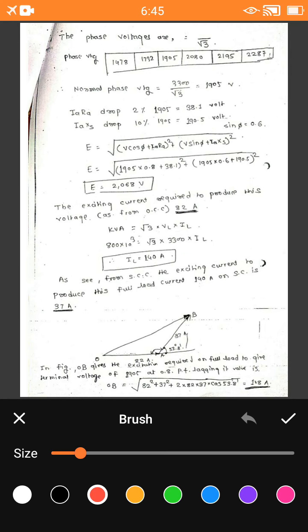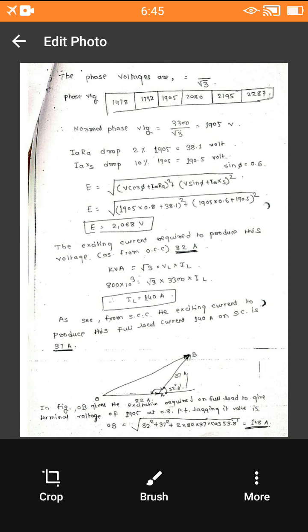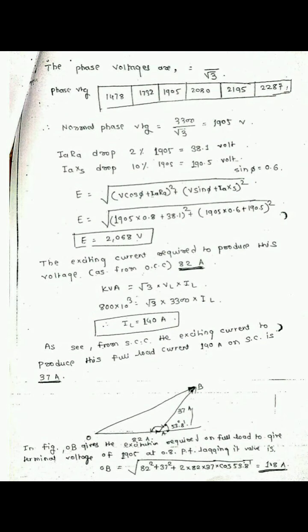From that we want to find out the value of IF. There is another method to calculate it, using the law of parallelogram. The law of parallelogram says the resultant is the square root of a square plus b square plus 2ab cos theta. Substitute the value of cos theta into that equation and we get the value of OB.